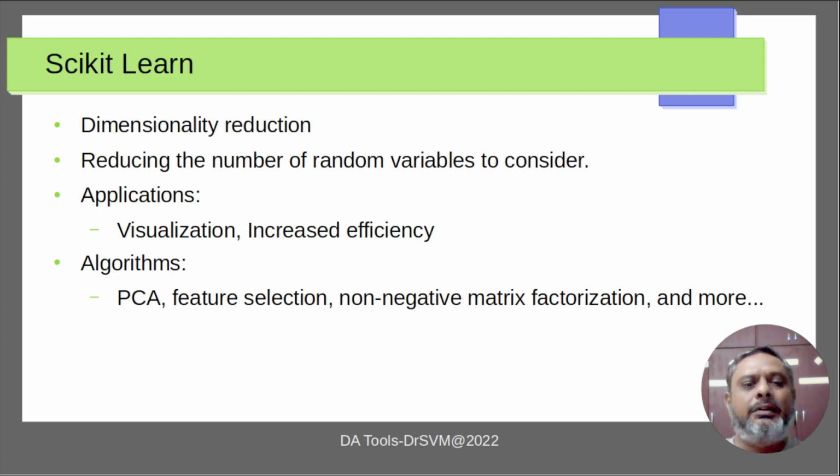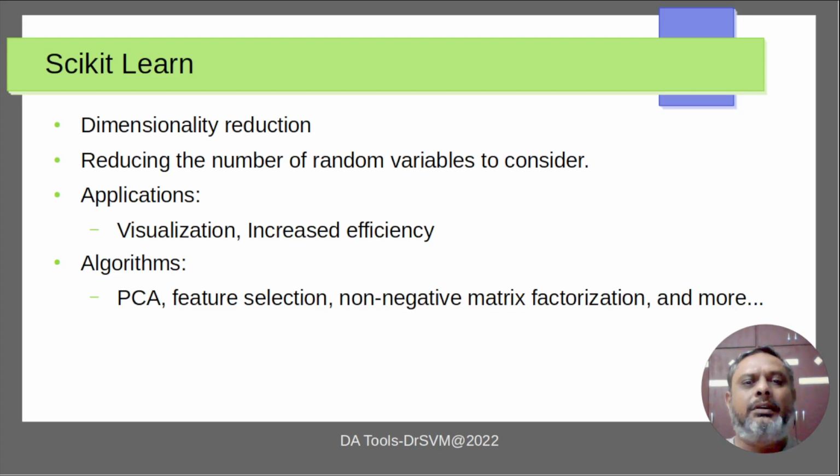But if the dimension is reduced, of course, the visibility becomes easier, and the more we visualize, the more ideas we get whether they are related or not related and all that. So that gives us a better picture of what data we are working on.